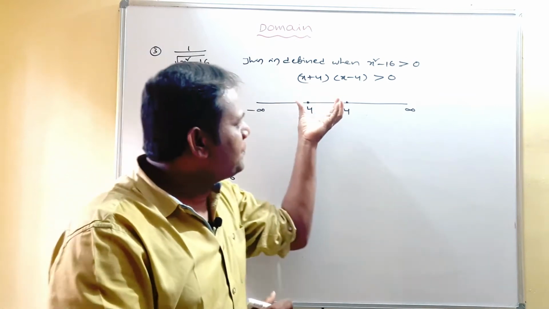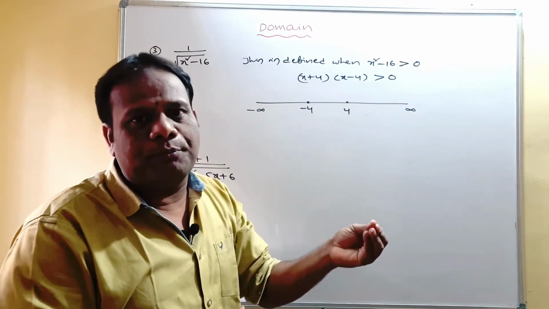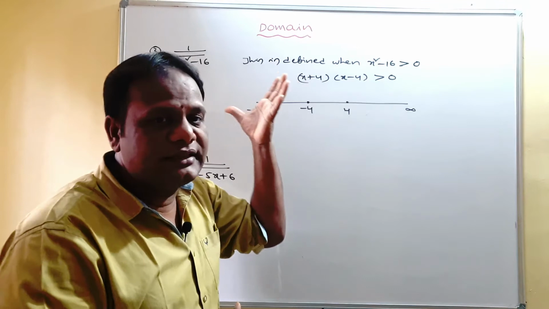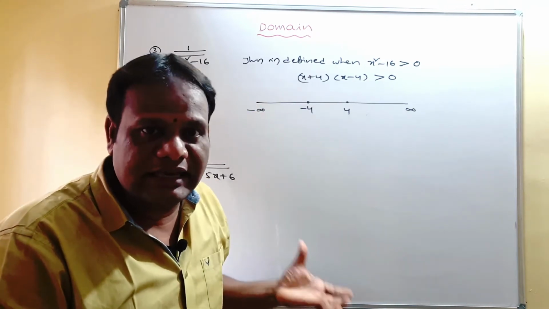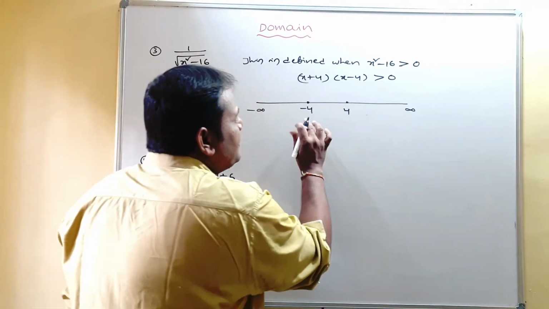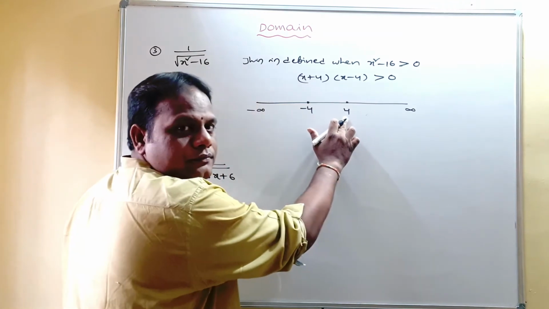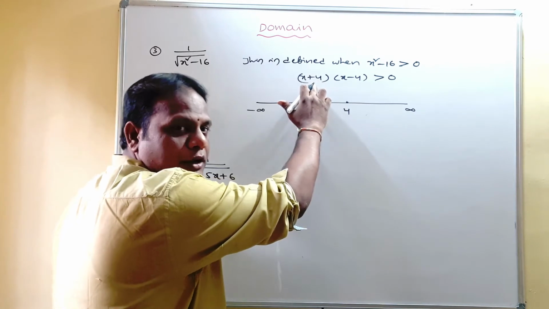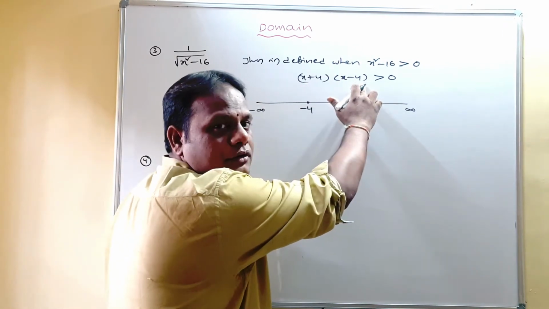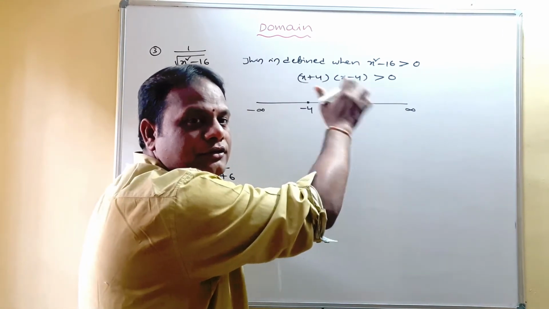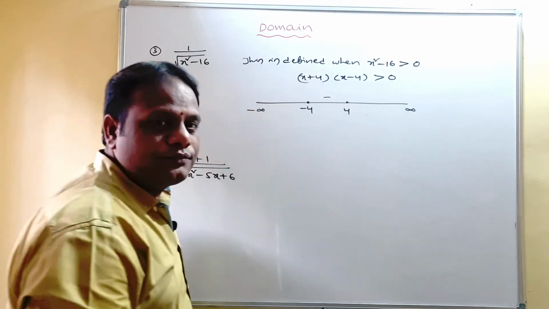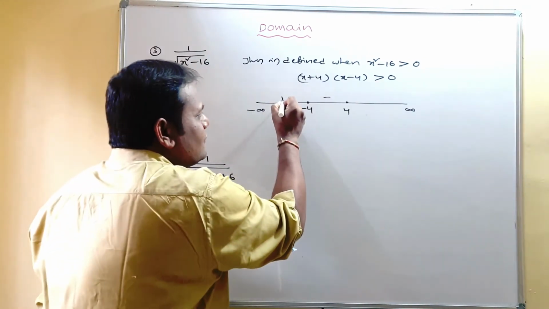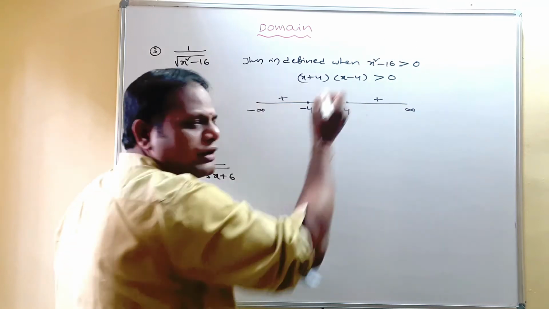From any interval, you take one point, put that point in this, and then you can decide the signs. Between minus 4 and 4, we have 0. Take 0: 0 plus 4, positive. 0 minus 4, negative. Positive into negative, negative. So here negative. Change the sign alternatively, or otherwise you can verify.